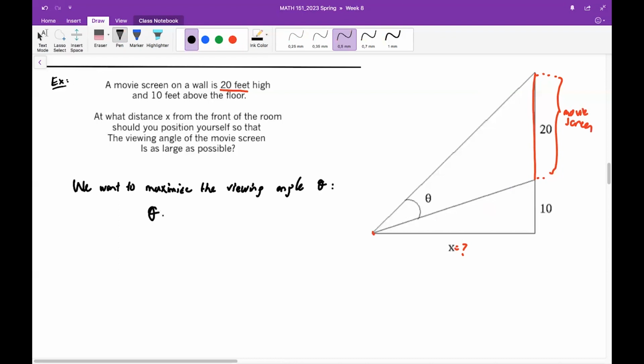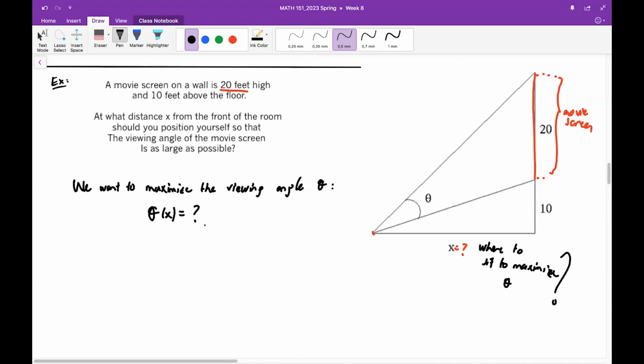That's why we need to construct a function for theta, for the viewing angle, depending on this variable x, where to sit to maximize theta. This is the question. Okay, can we create a function for theta depending on x?